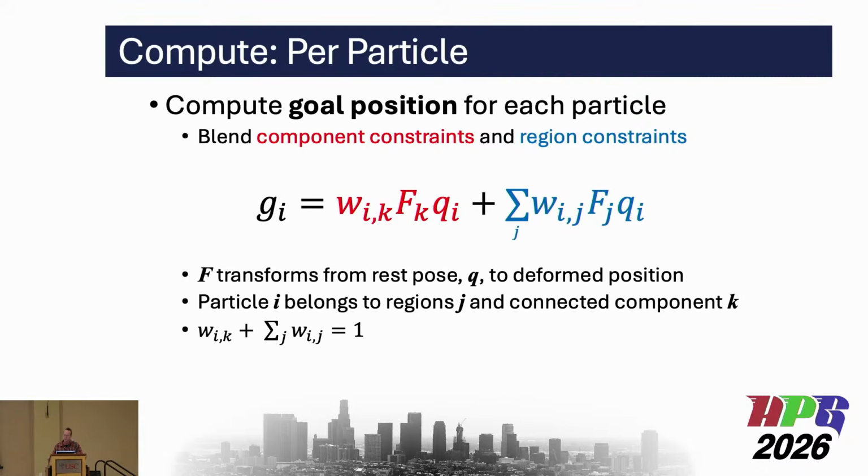The final particle position is a lerp between the current particle position and the goal position. The W sub ij values are based on the distance of particle I to the centroid of region J in the rest pose. The parameter of the lerp and W sub ik give us control over apparent stiffness.